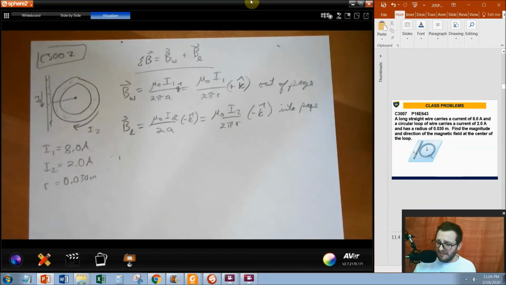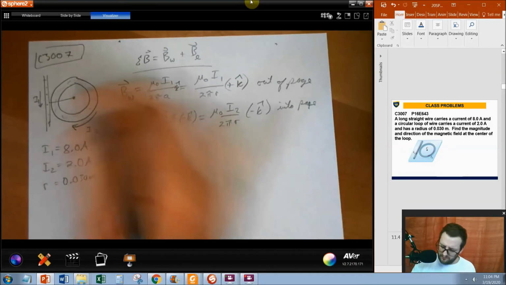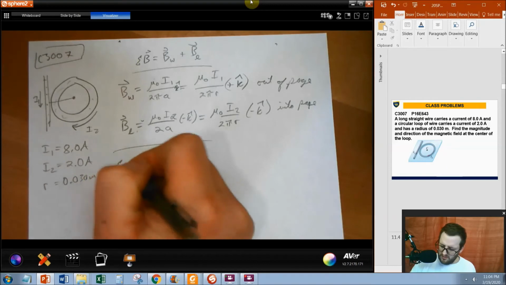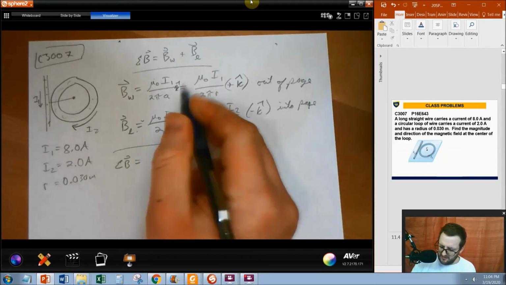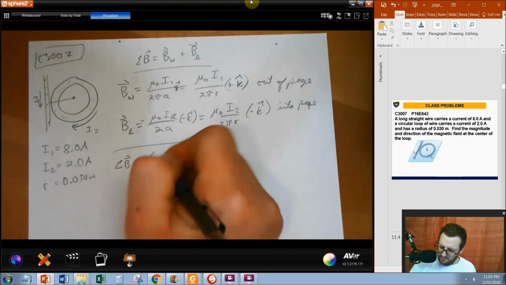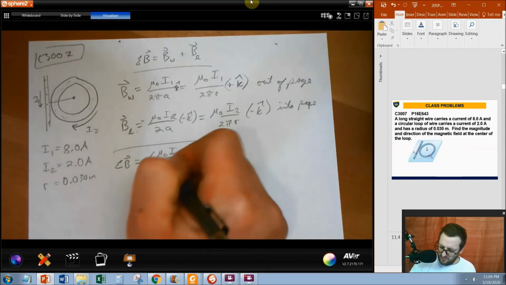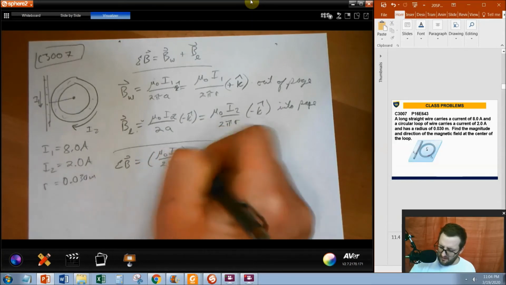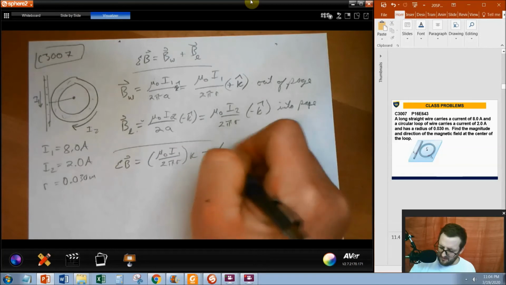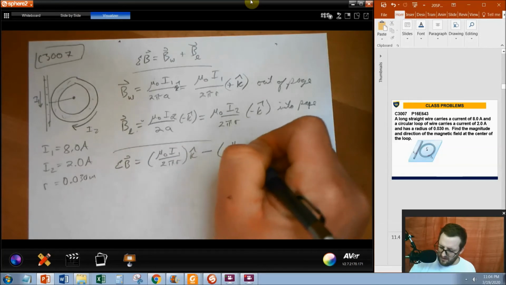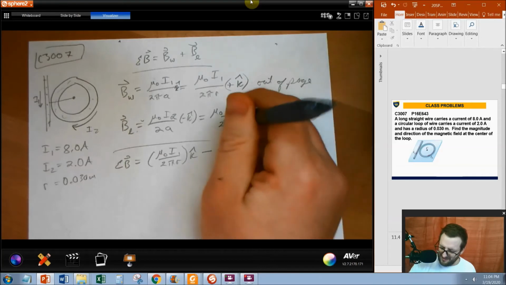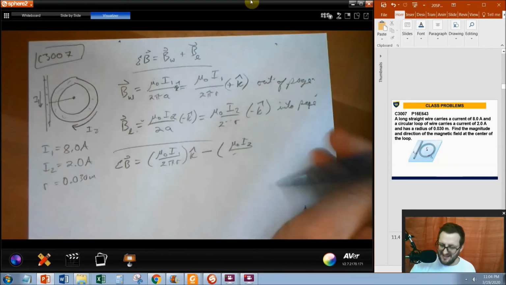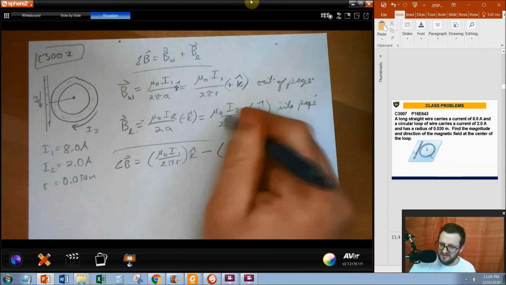All right, so now we can just add these two expressions. The total magnetic field is this expression, mu naught I1 over 2 pi r k-hat minus mu naught I2 over, see, I inserted a pi. It's an easy mistake to make.